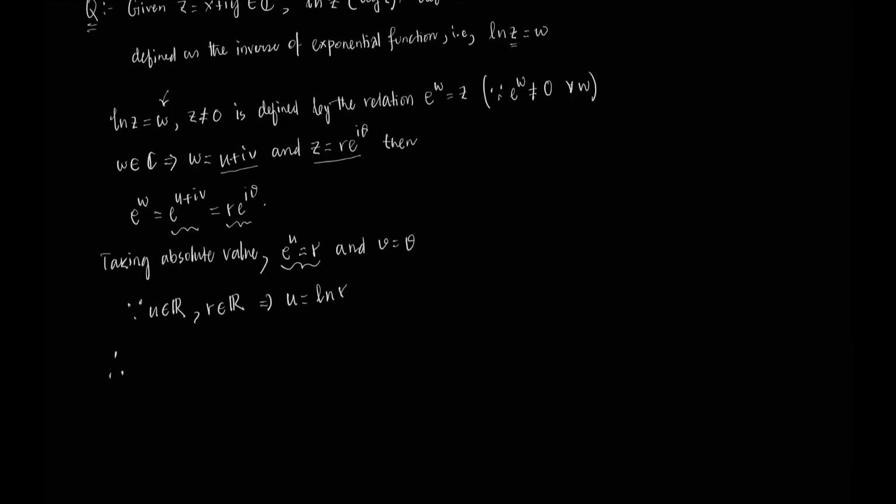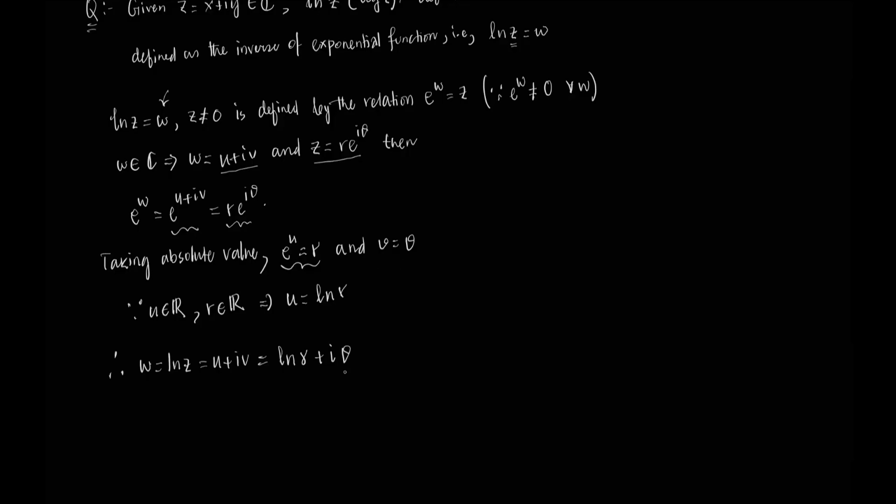So what do we want to find? We want to find w, right? So what is w? w is nothing but log of z, which is u plus iv. What is u? u is log of r, where r is the absolute value of z. So log of r plus i times v, and v is nothing but theta.